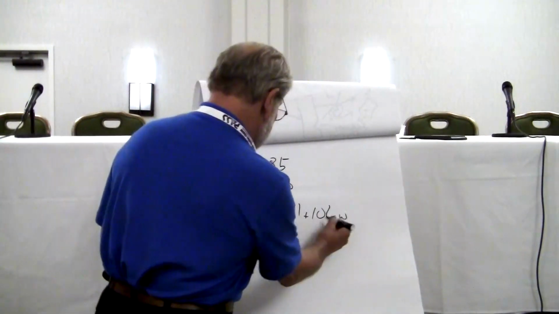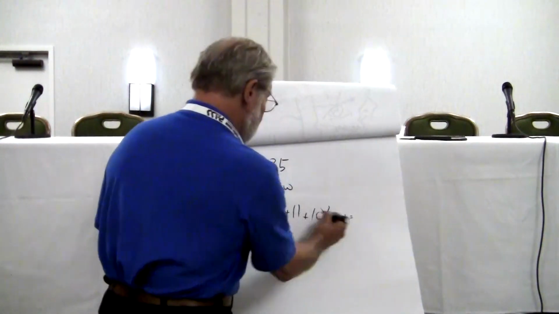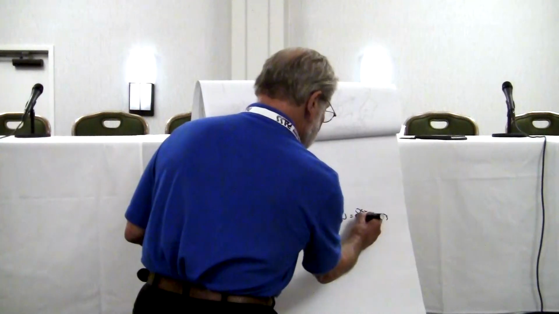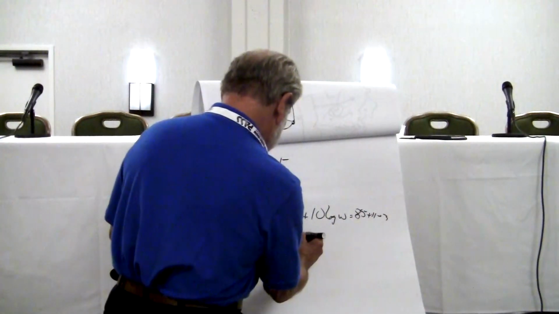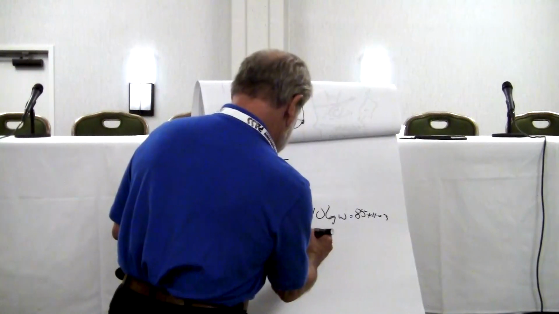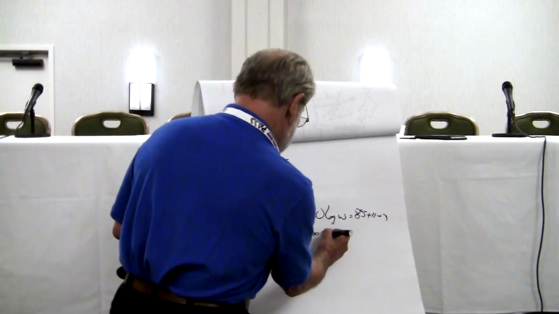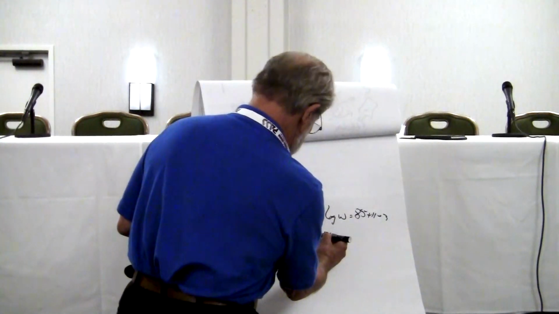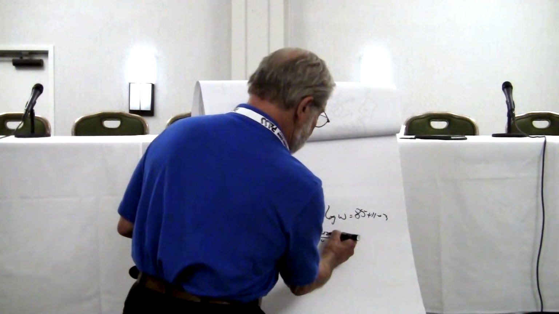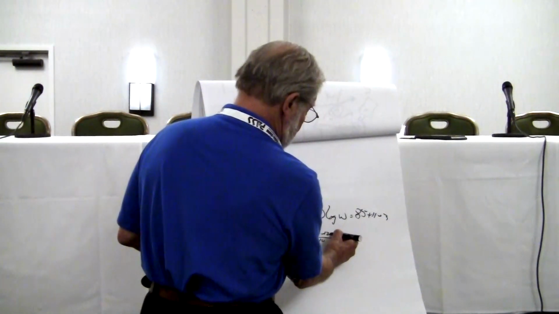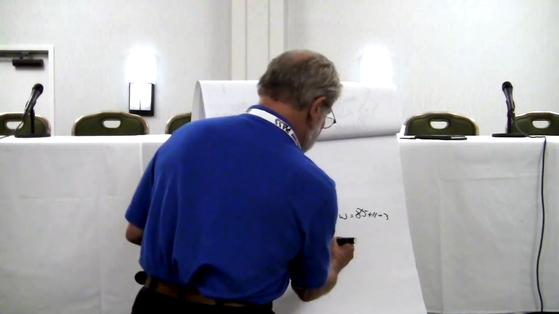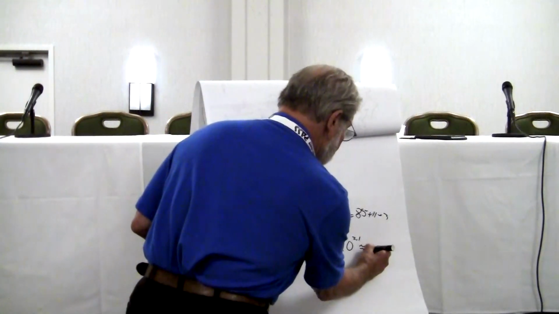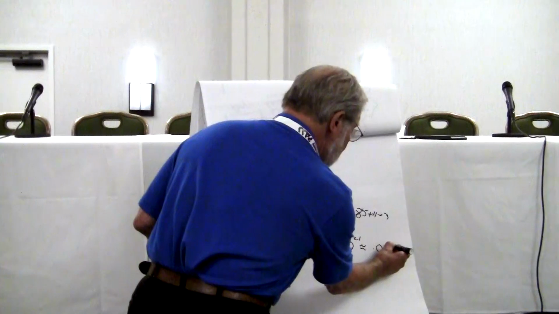But LW, in our case, is 85 plus 11 plus 3, which is 99. And so this is 10 to the (99 minus 120) over 10, which is 10 to the minus 2.1, and that's about 0.008.